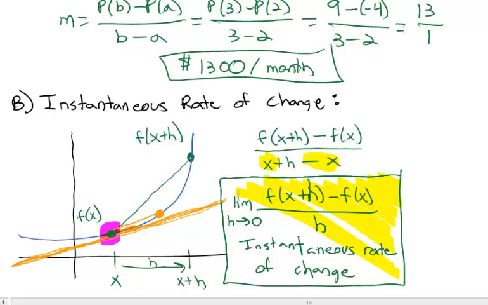This is the big formula of the day, and actually a big formula of calculus. The limit as h goes to 0 of f of x plus h minus f of x all over h tells us how things are changing right at this moment. Right now, how is it going to change?